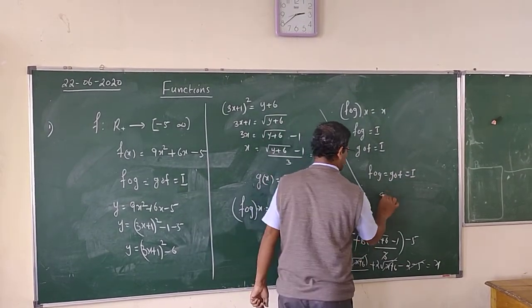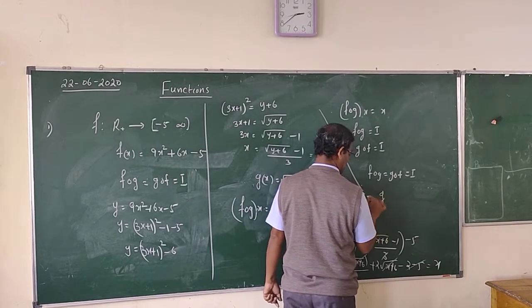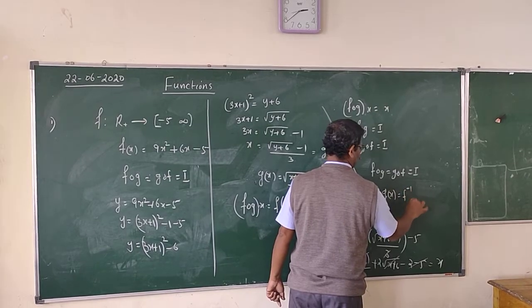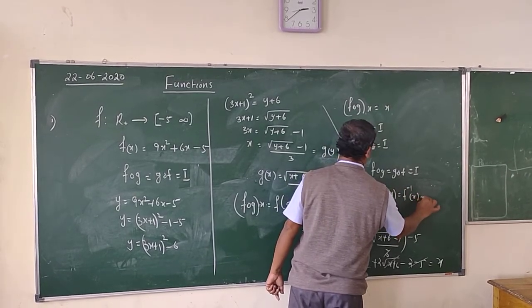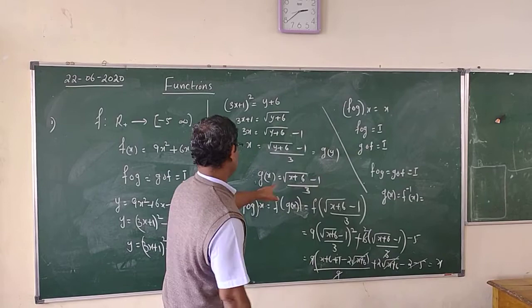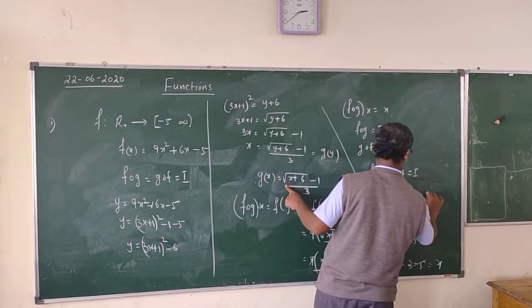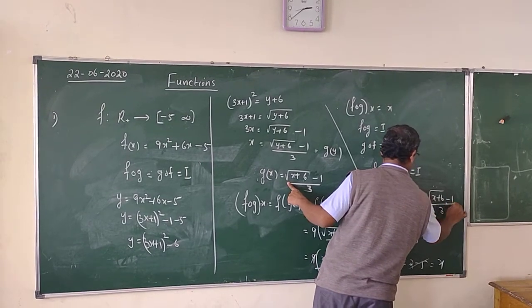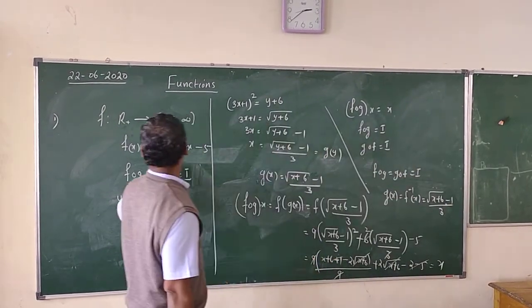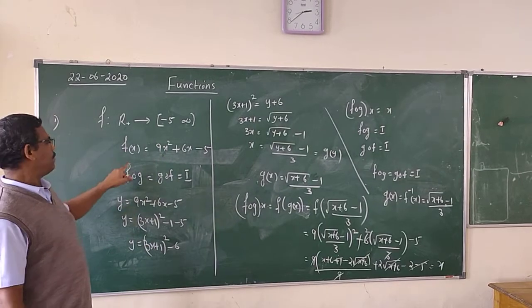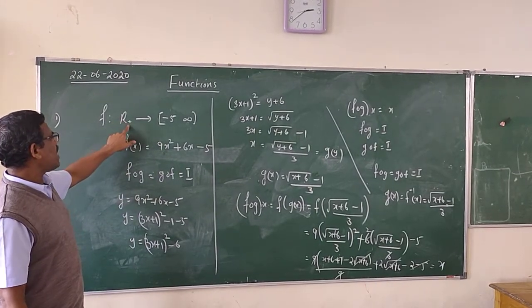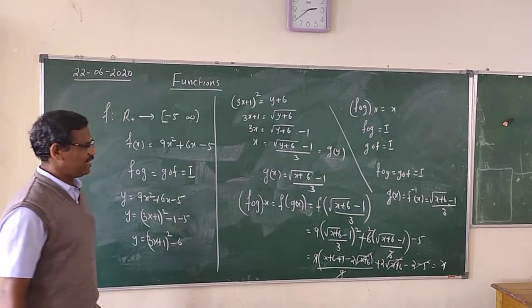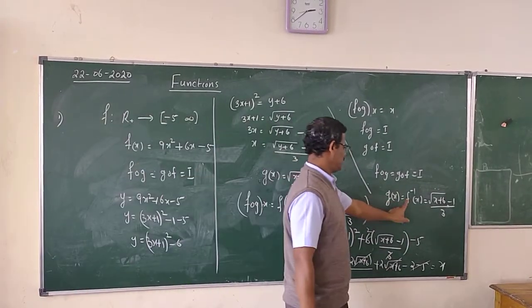So we call g the inverse function of f, and f inverse of x is equal to g of x, that is root of x plus 6 minus 1 by 3. So this is the inverse of this function, and thereby we are able to prove that the function f is an invertible function and its inverse is this one.